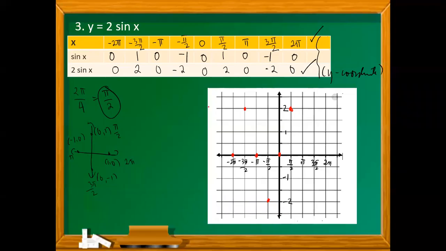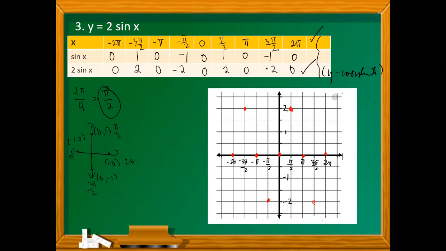We're done with pi over 2, 2. So pi, 0 now. And then 3 pi over 2, negative 2. And then finally, 2 pi, 0.